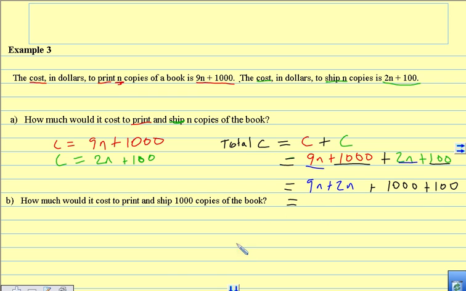So that would all be equal to 11n plus $1,100. That'd be the total cost.